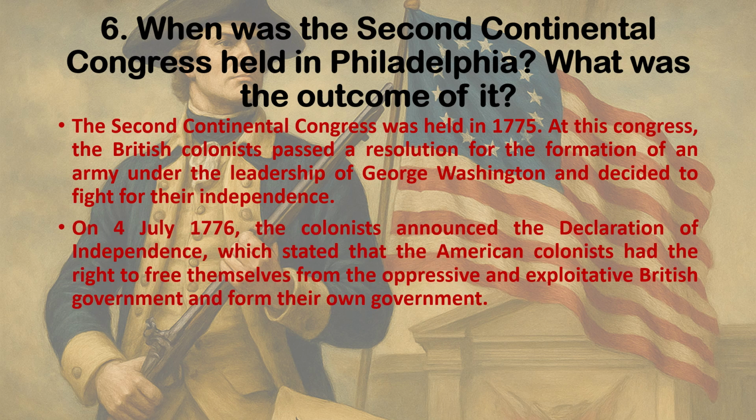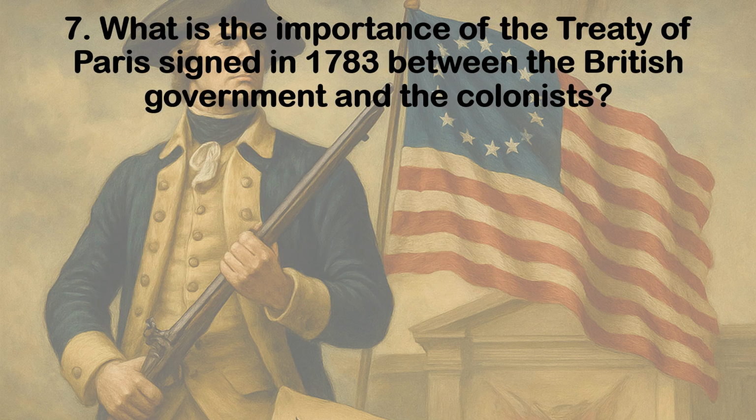On 4th July 1776, the colonists announced the Declaration of Independence, which stated that the American colonists had the right to free themselves from the oppressive and exploitative British government and form their own government.